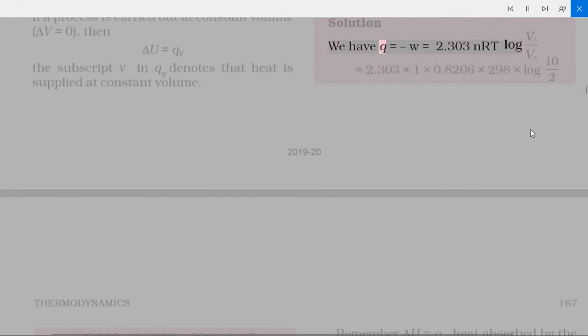Solution: we have q = -w = 2.303 nRT log(V_f/V_i) = 2.303 times 1 times 0.8206 times 298 times log(10/2).